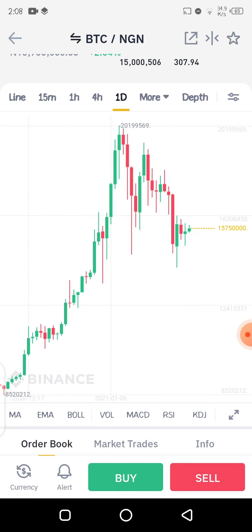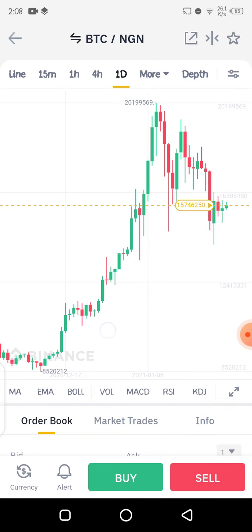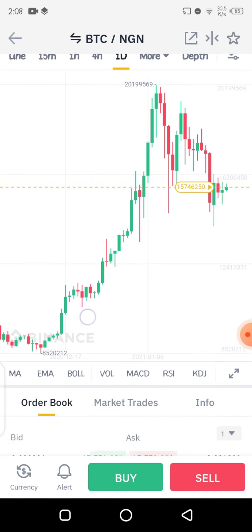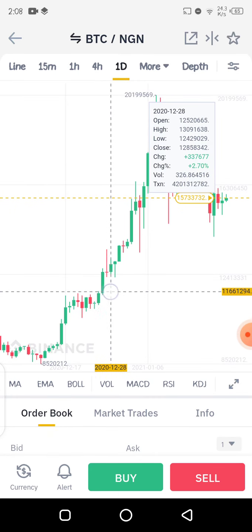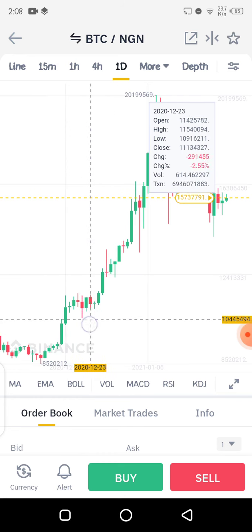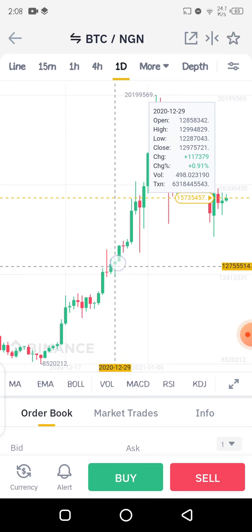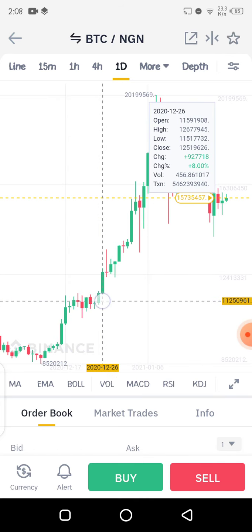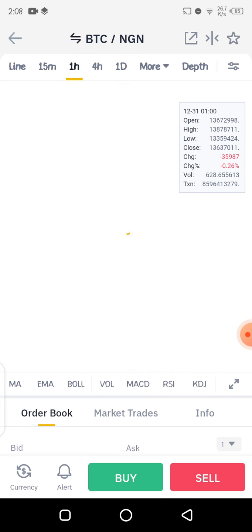So that's the trend. If you are somewhere here now, you may also look at the trend. Okay, what's happening in the market? The market is going up daily. So even if I enter a trade now, because the trend is going up, is there a probability that the trend will just go down? If you're somewhere around here and the trend has been going up, let me enter a trade now. At least if my trade on the 1 hour or 15 minutes fails, if I don't get what I want, maybe I bought and I feel it's going to go up, but it started going down.